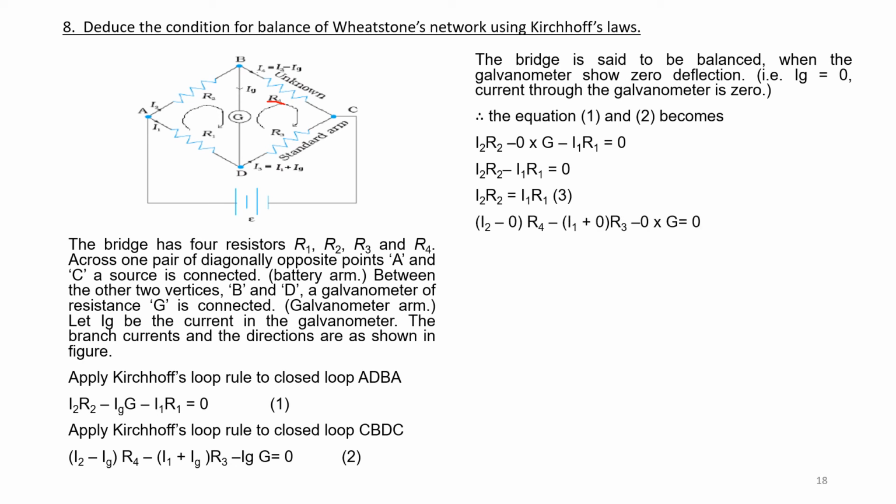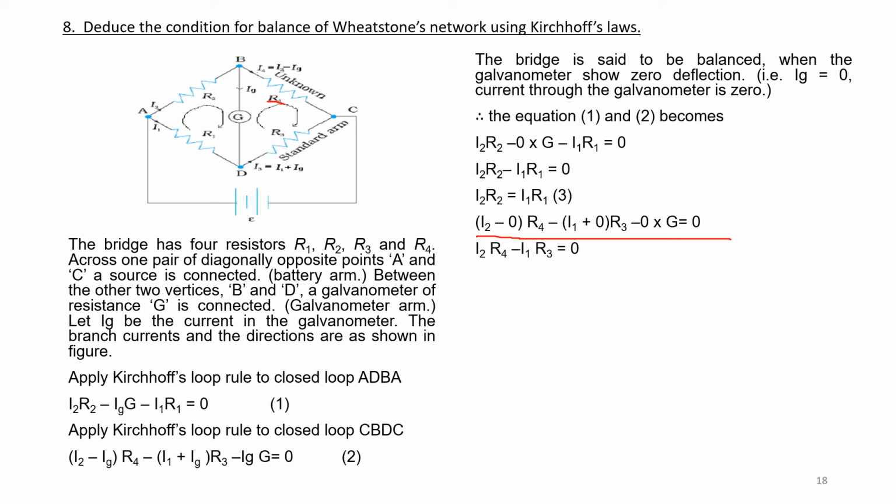For equation number 2, with Ig equal to 0, I2 R4 minus I1 R3 equals 0.